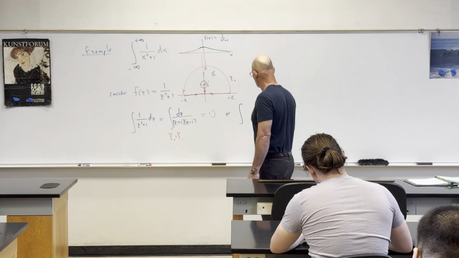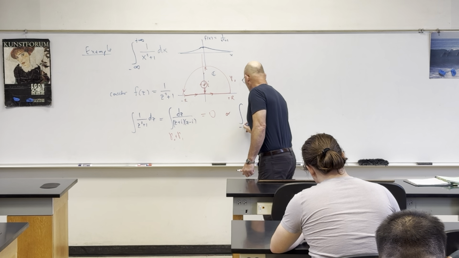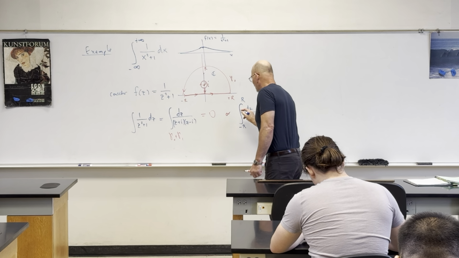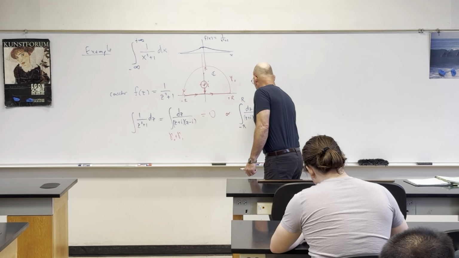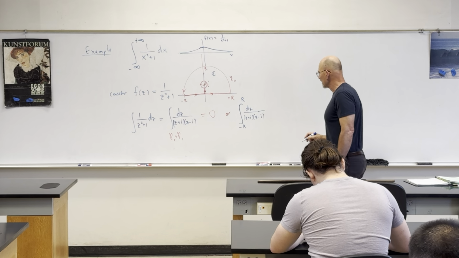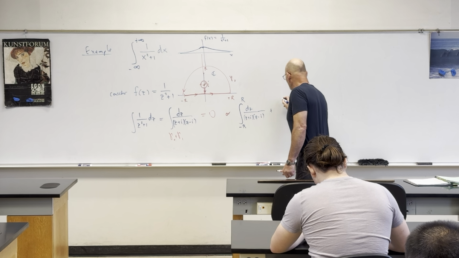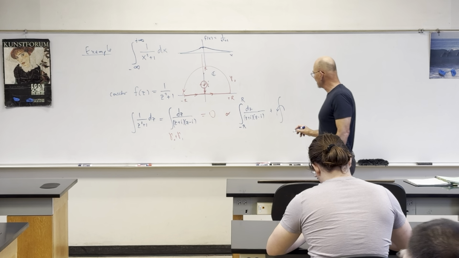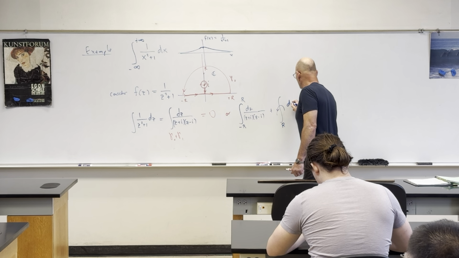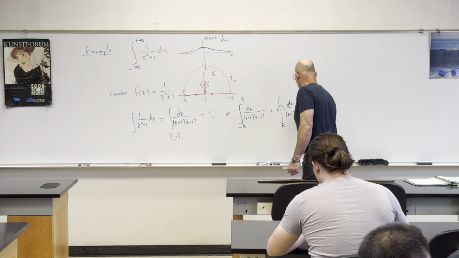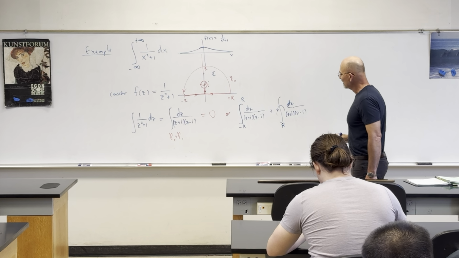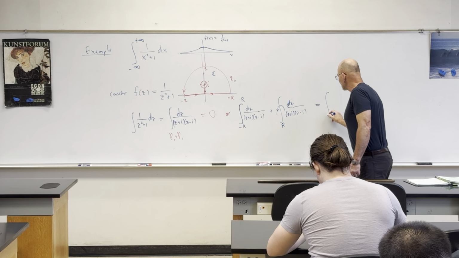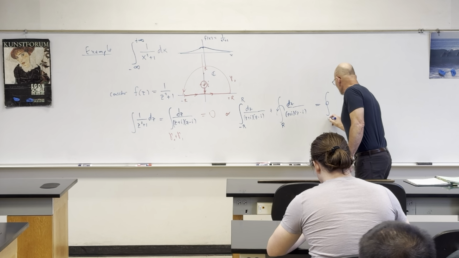The integral from negative r to r of dz, I'm going to break this up into (z plus i)(z minus i), plus the integral over, I'm just going to make that symbol, that's the upper half there, the upper half of radius r, dz over (z plus i)(z minus i), plus, actually, I'm going to do equals the integral over the circle of lowercase r.